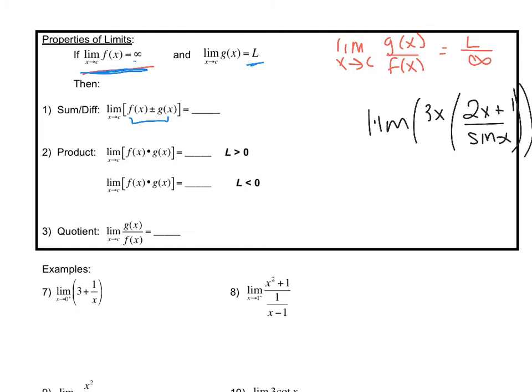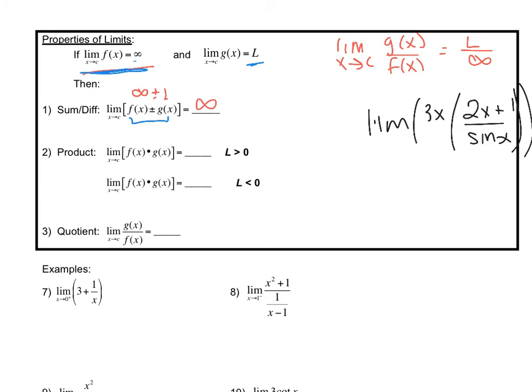If you're at infinity and you subtract some number, the result is still infinite. Regardless of adding or subtracting, if you've got an infinite number and you add or subtract a real number, you're still at infinity. So this one's pretty easy to follow.